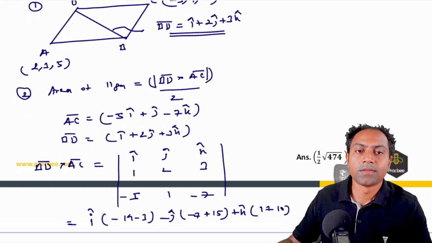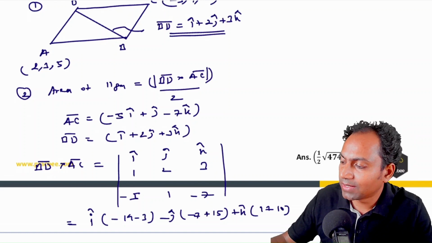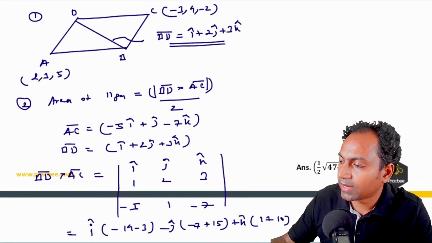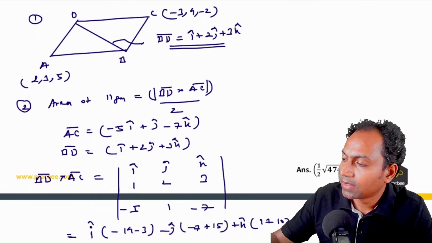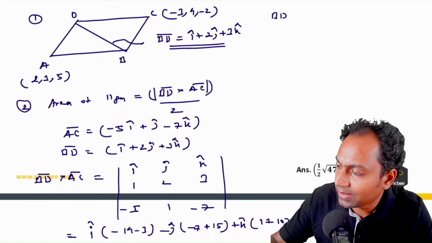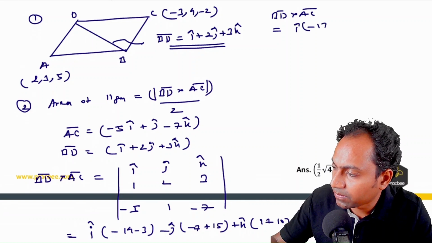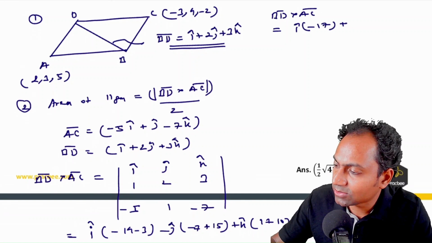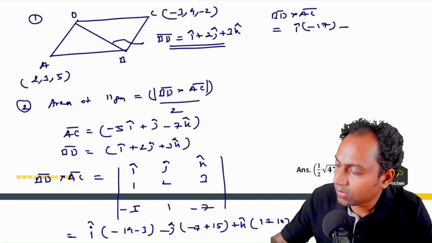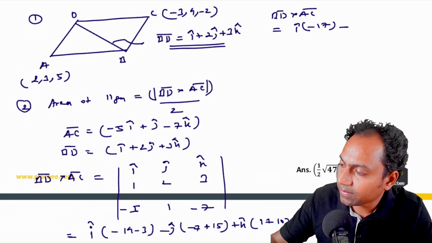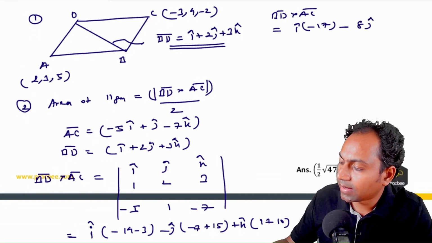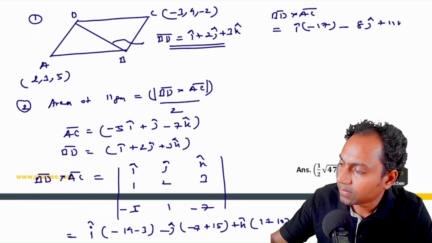So you can see that what we are getting is a very simplistic value. And if I simplify, the answer of BD vector cross AC vector comes out to be nothing but i cap into minus 17, minus 8 j cap, and 11 k cap.